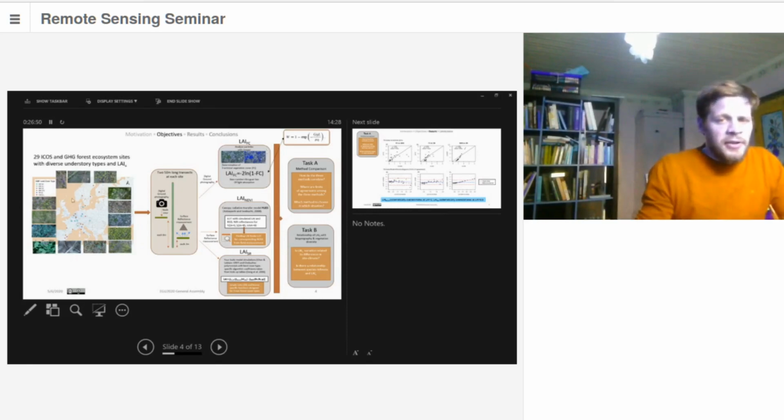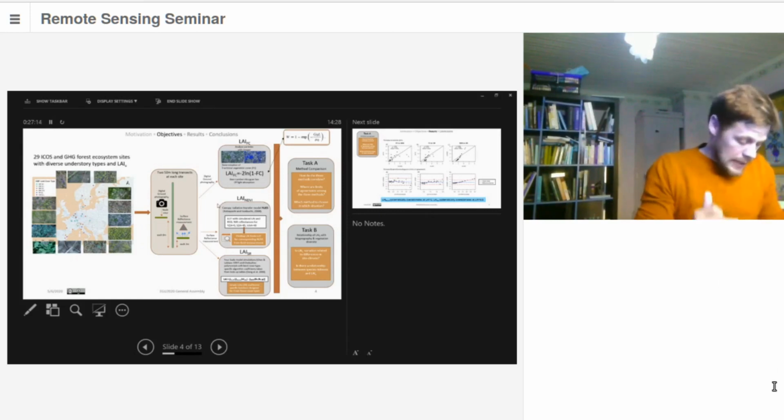And the second method, which we called LAI NDVI, is based on the NDVI vegetation index, as the name probably suggests. And for this, we employed the canopy radiative transfer model FLiES, which was developed by Hideki Kobayashi and colleagues. And in this canopy radiative transfer model, they modeled a homogeneous vegetation structure which is dominated by shrubs and grasses, okay?